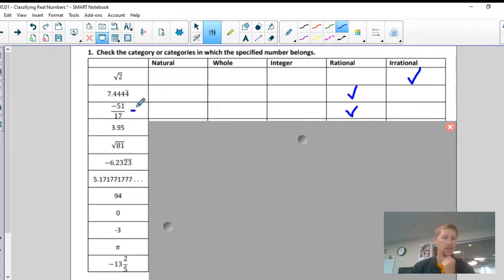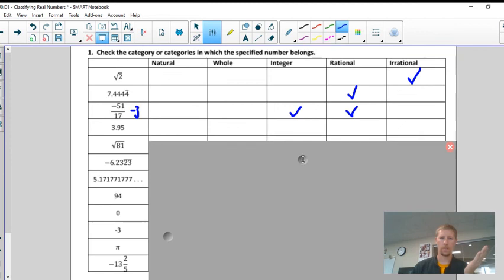This actually ends up equaling -3 when you simplify it, okay? -3 is an integer. Integers are like our number line numbers when you count by ones, so positives and negatives, or positive and negative whole numbers. So yeah, it's an integer, but it's not a whole number. Whole numbers by definition are 0 and the natural numbers, the counting numbers. So 0, 1, 2, 3, 4, 5, 6, 7, 8, 9, but not the negative side of things. So it's a rational number, it's an integer.